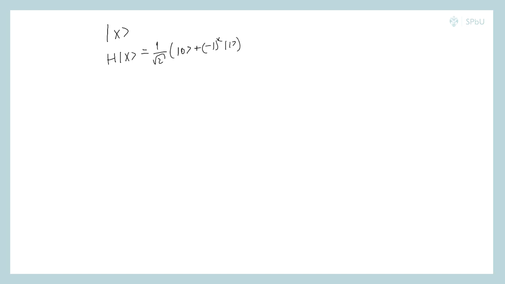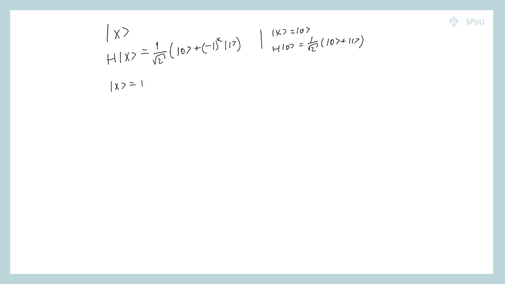For example, if x is the zero state, then the Hadamard transform of the zero state is 1 over the square root of 2, (|0⟩ plus |1⟩).